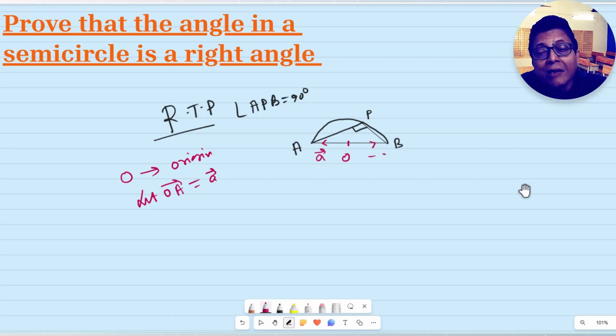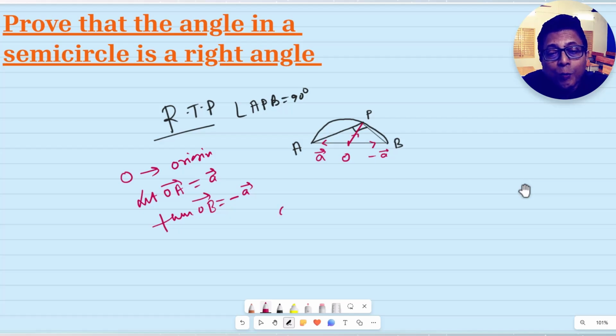If this one is A, this one has to be minus A. Then OB vector is minus A. What about OP vector?